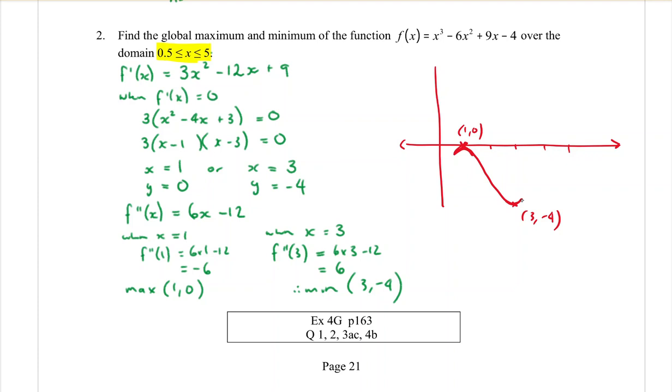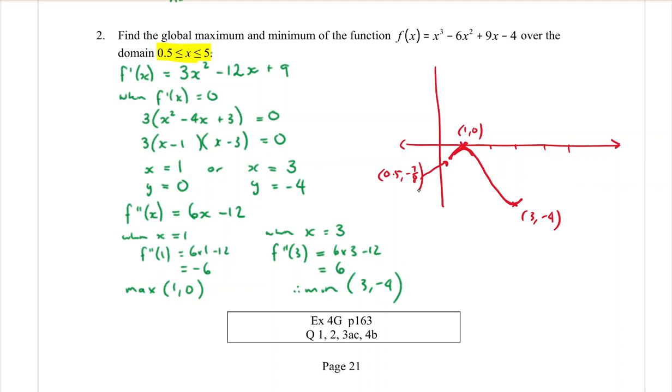If you sub 0.5 into that equation, so it's 0.5 cubed minus 6 times 0.5 squared, not a very nice thing to sub in, you'll find that there is a point that I'm going to put about here. That point has the coordinates 0.5 and negative 7/8, which is the answer you should get when you sub that 0.5 in.